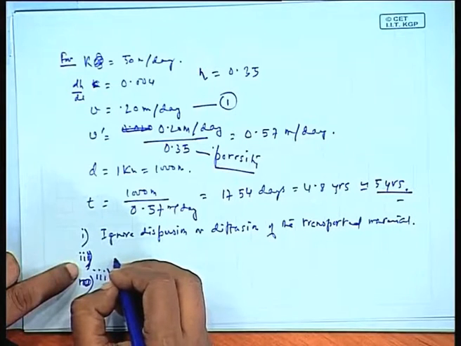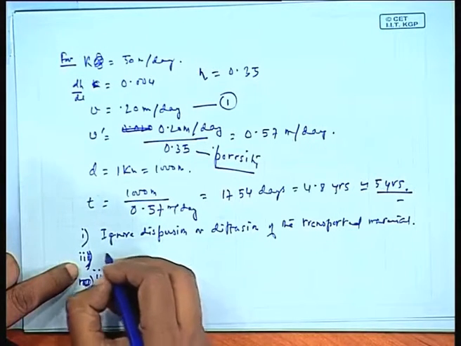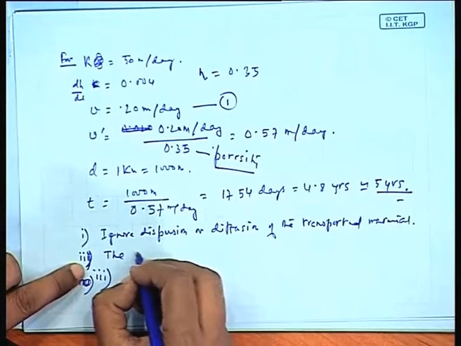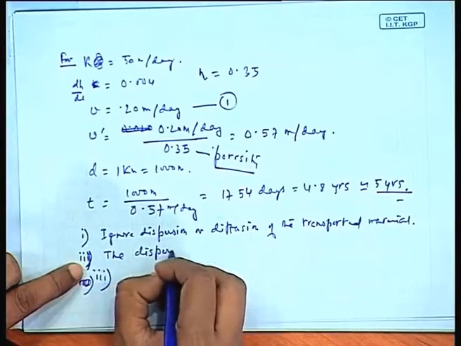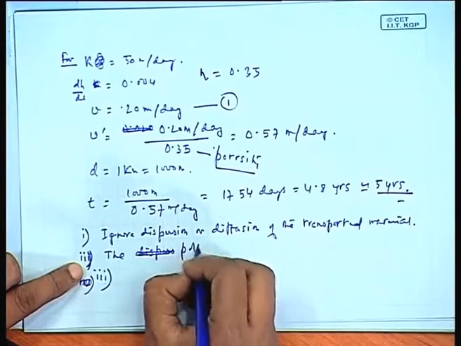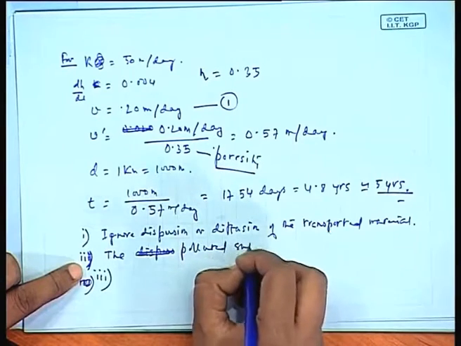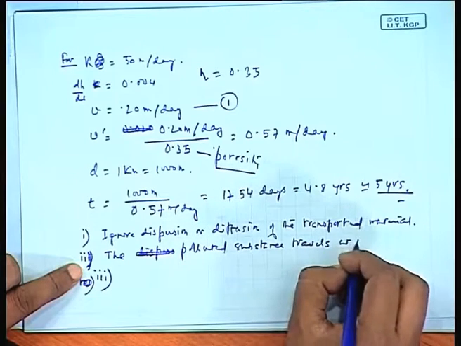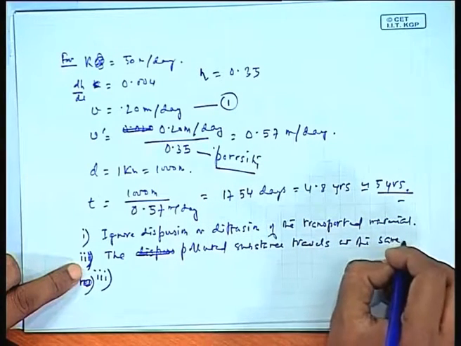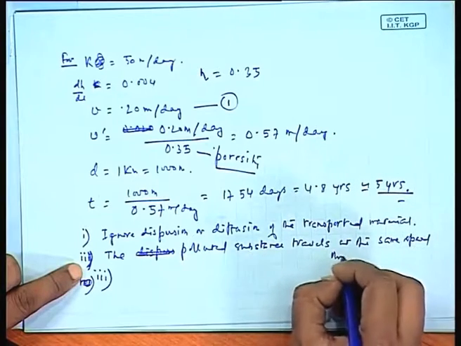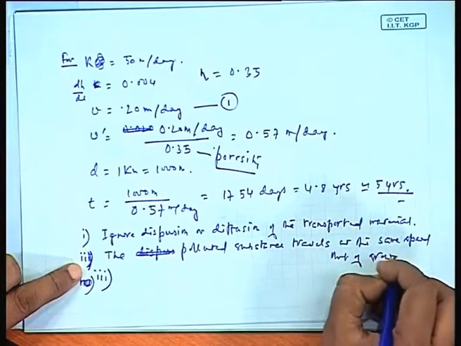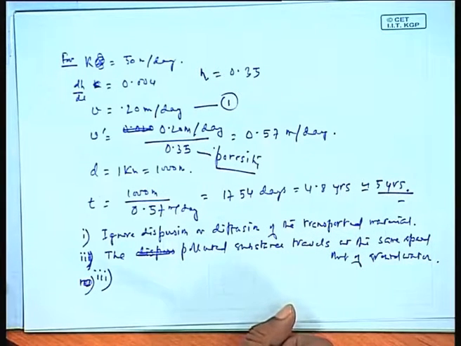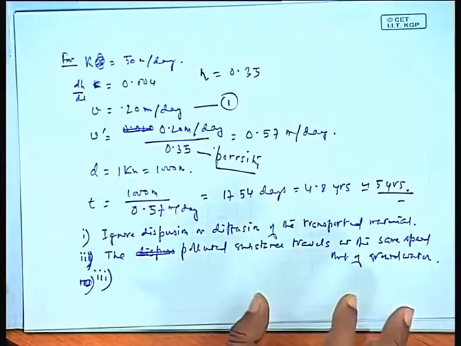Another is that the polluted substance travels at the same speed as that of groundwater. This also is perfectly mixed.